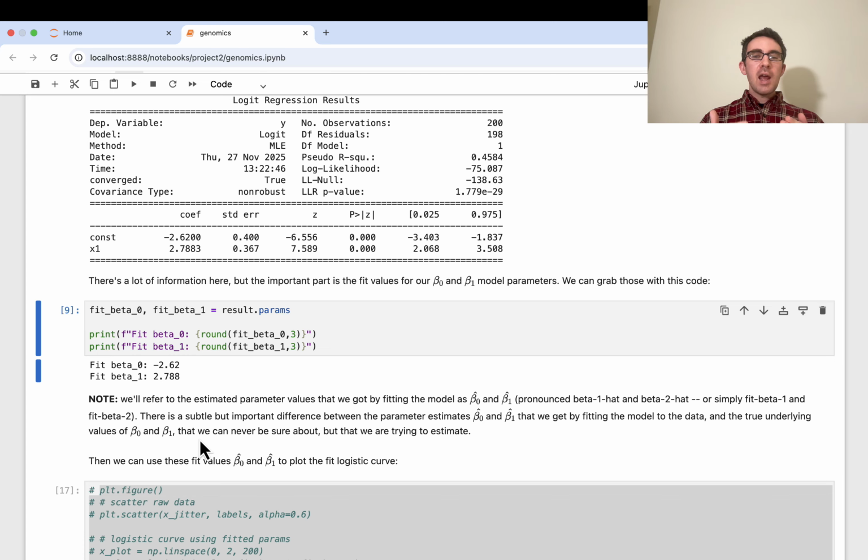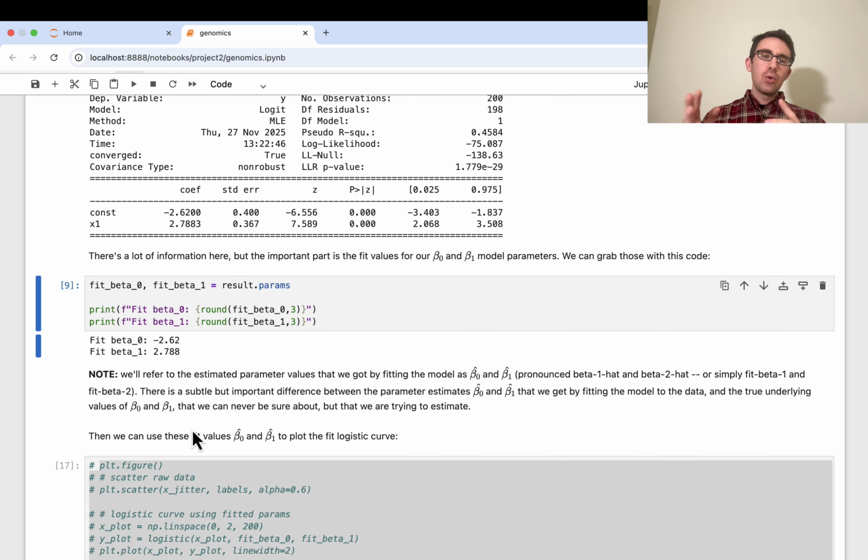We can try to estimate them with beta 0 hat and beta 1 hat after the fitting, but we can never really be entirely sure about them. So there's a little conceptual distinction there.